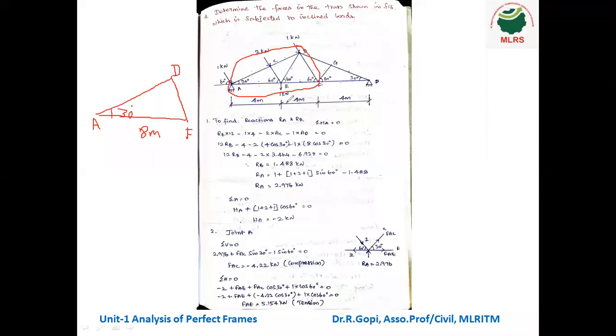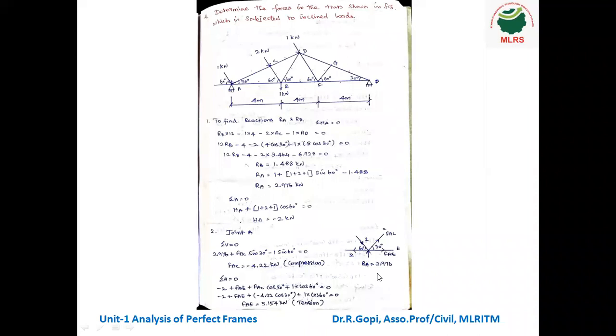So the length of AD is 8 into cos 30. Then taking moments: 12 RB equals 12 minus 1 into 4, force into perpendicular distance, minus 2 into AC minus 1 into B. Substitute all the values. Finally, we got RB equal to 1.488 kilonewton.